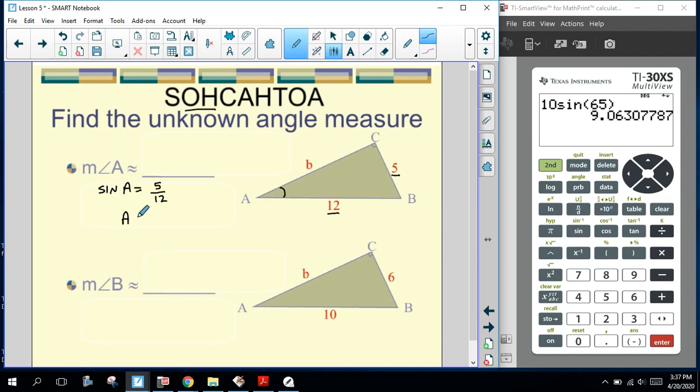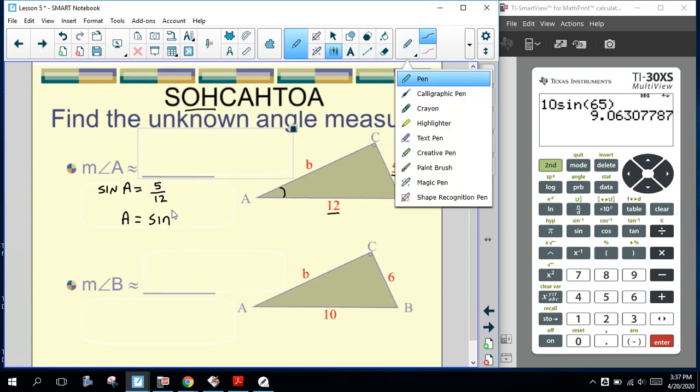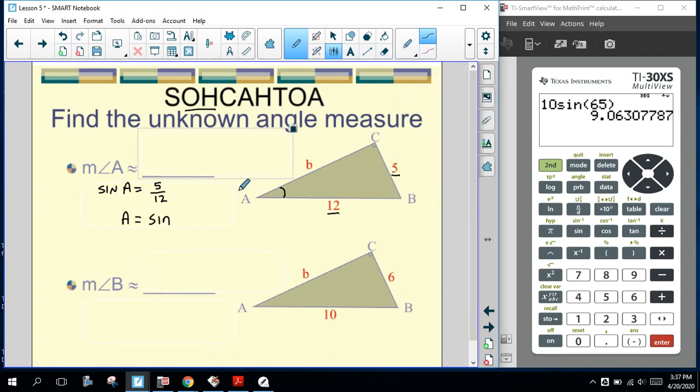And the opposite of sine, last time we talked about the tangent inverse. Well, the opposite of the sine is the sine inverse, which you're going to see written as sine to the -1 of 5/12.